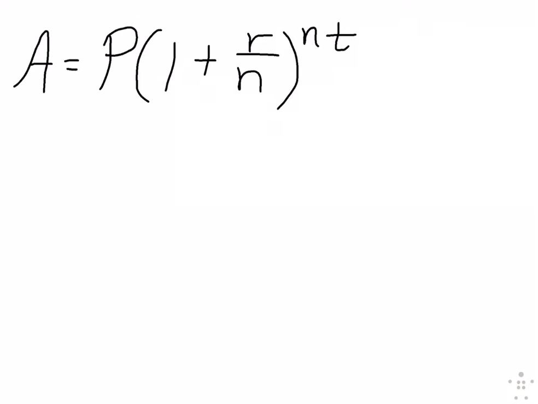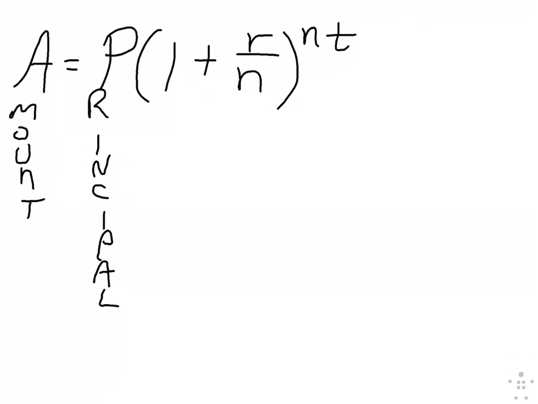What A stands for is the amount in the account. P stands for your principal, which is not Dr. Martin or Mr. Johnson or Dr. Fall. The principal is the amount of money that you start with.